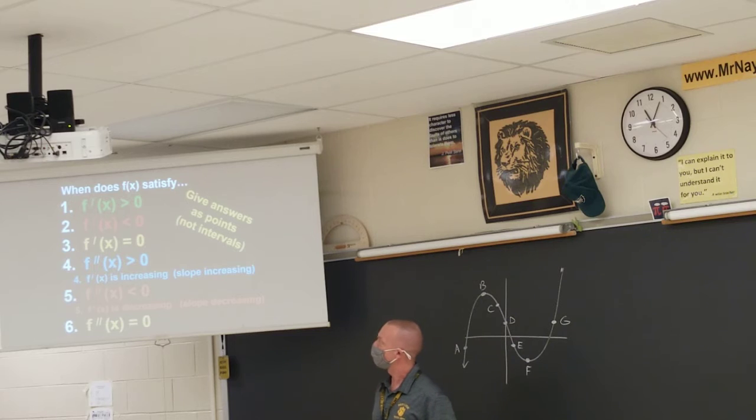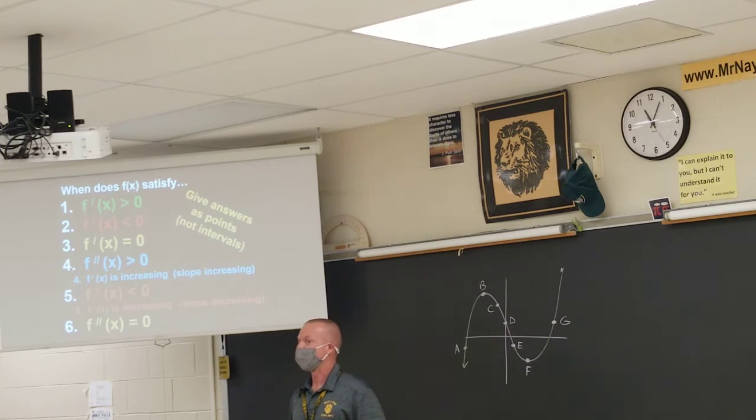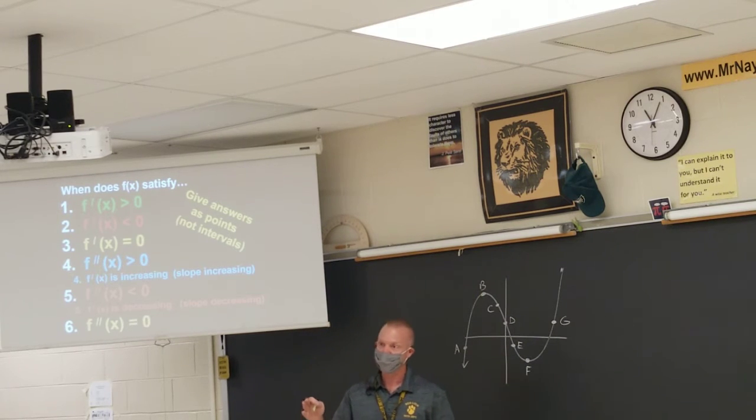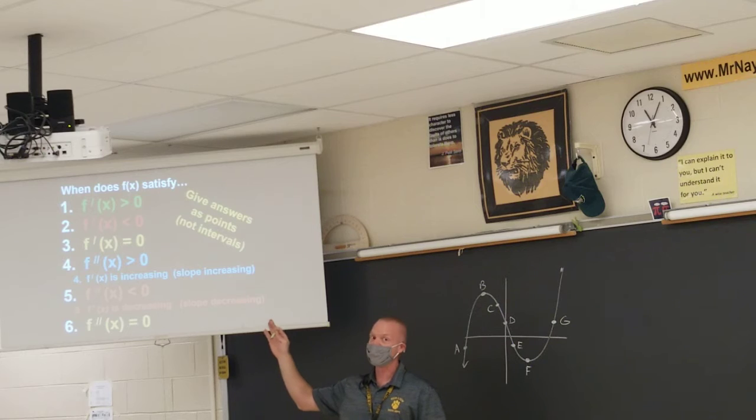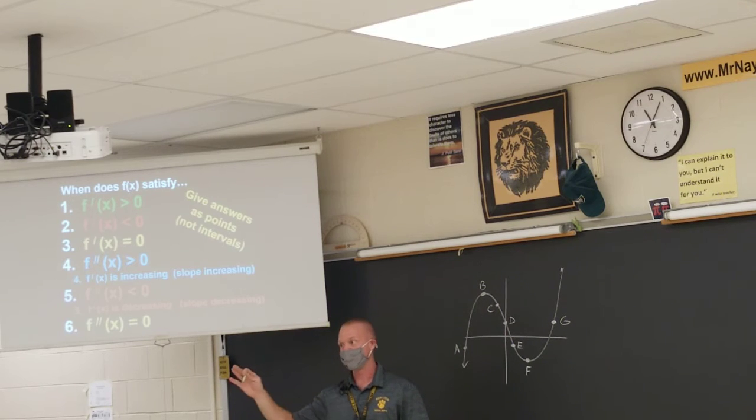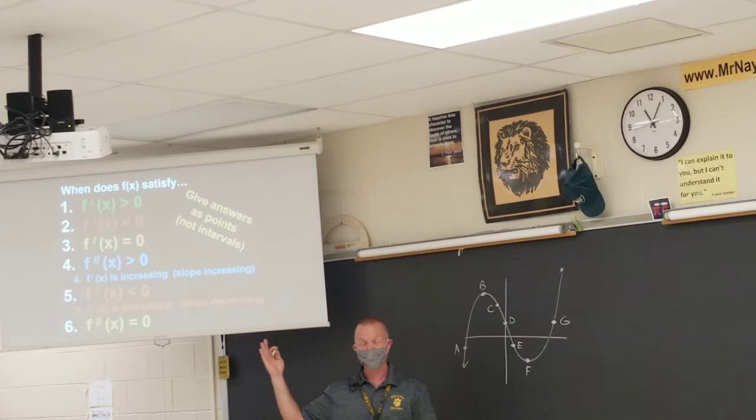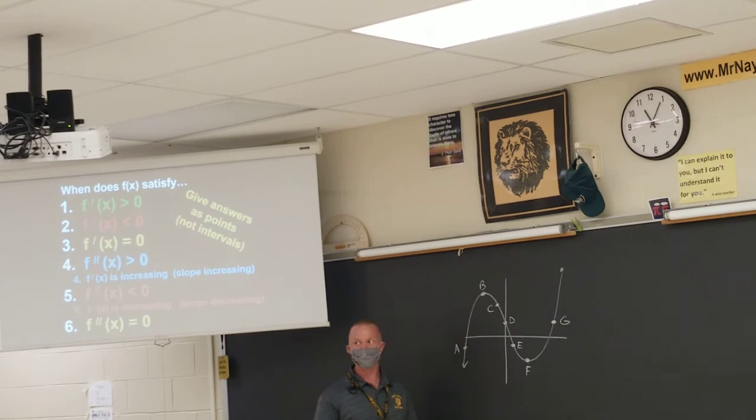It says that f prime of x. Now remember, it goes back to our silly little chant: if I say derivative, you say slope. That's what number one is. It's a statement about the slope. It's a derivative, one of the big ideas of this year. It says the slope is positive, in its own symbols. The slope is positive means that if we picture tangent lines, they're going to be tilted in a positive manner.